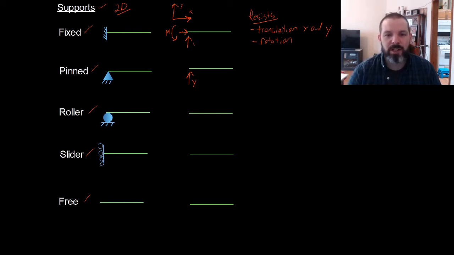This up and down is y, left and right is x. A pin support can generate forces in the x and y, which allows it to resist translation in the x and y. But since there is no moment there, this is free to rotate.